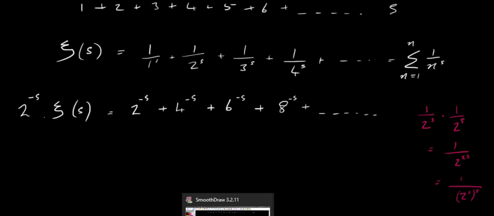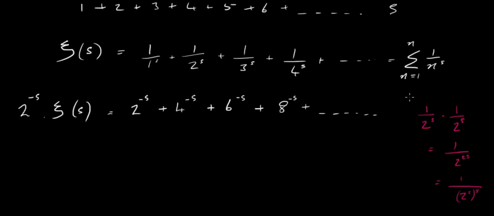Okay, now I'm going to take the zeta function and I'm going to subtract 2 times 2 to the power of minus s times the zeta function. So I'm going to take this minus twice all of this, if you understand that. I'll write it down in 2 lines here really.